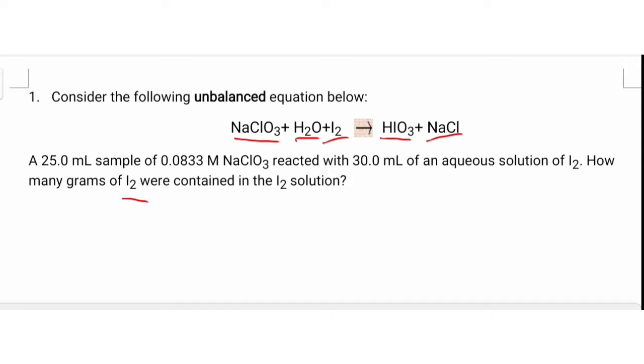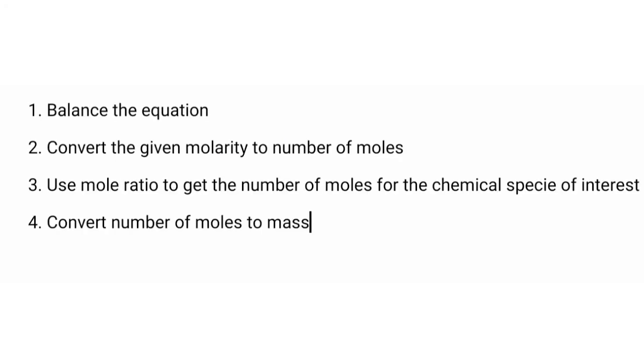So now what is going to be our roadmap? How are we going to find the grams or the mass of iodine in this question? Let's look at the roadmap. In order for us to solve this question, these are the steps that we're going to follow. Number one, we're supposed to balance the equation. Since the equation is not balanced, we're supposed to balance it.